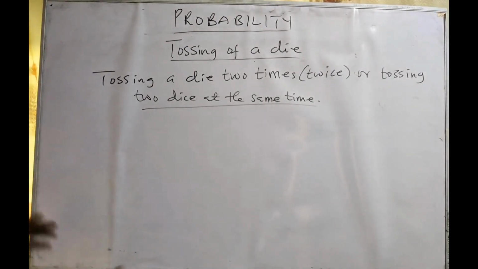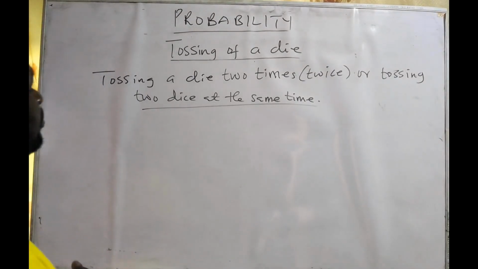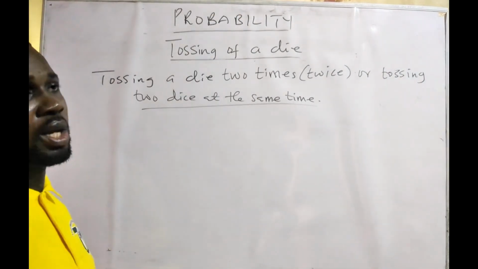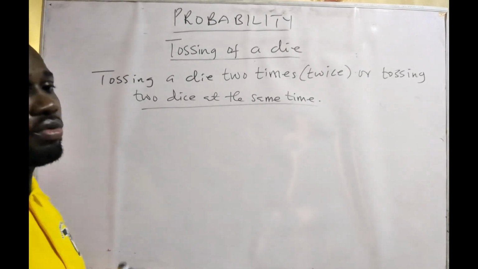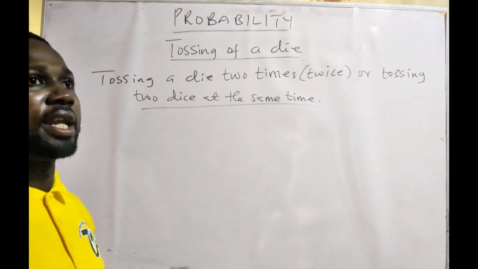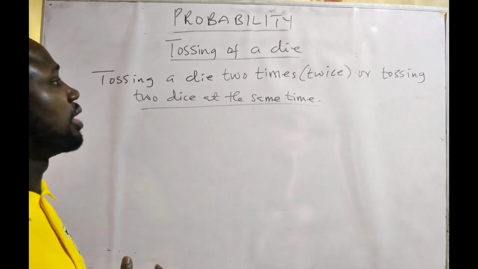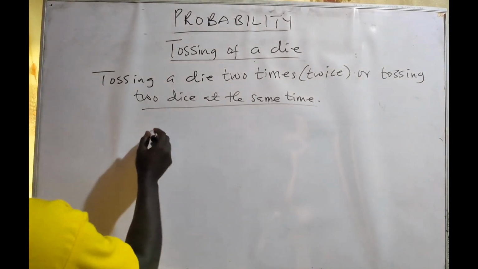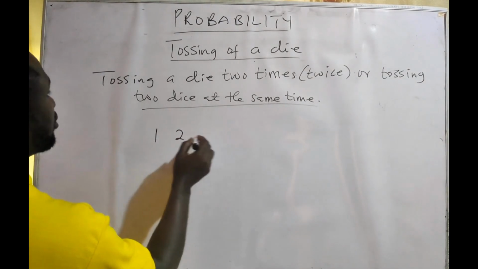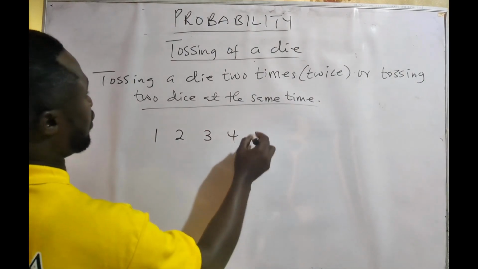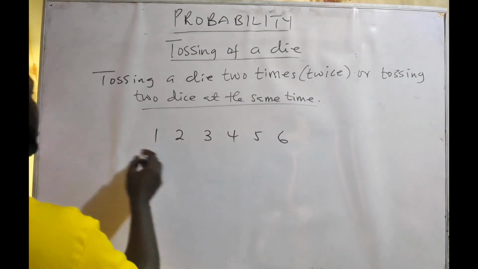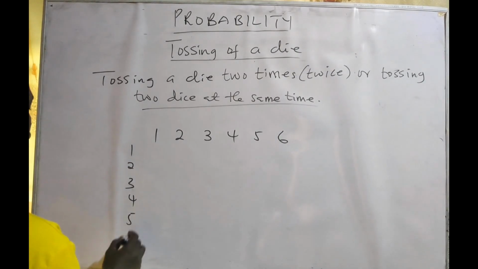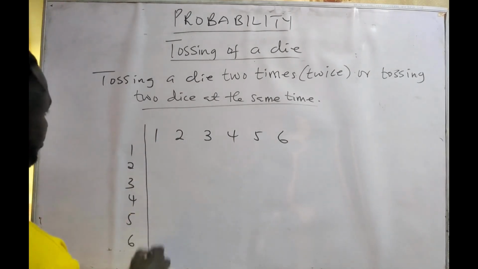So we are going to look at all the possible outcomes. When we are tossing a die once, we know that it is 1 to 6. So we are going to use our table, and that will make it easy for us to find all the possible outcomes. Let's say I have 1, 2, 3, 4, 5, 6. This is my die A, and my die B, 1, 2, 3, 4, 5, and 6.